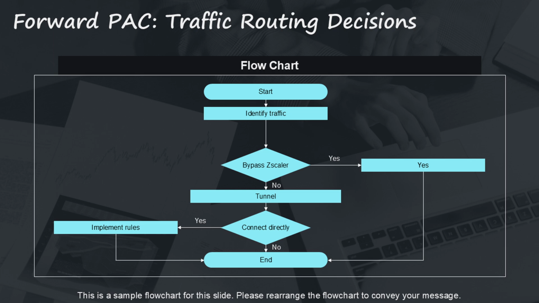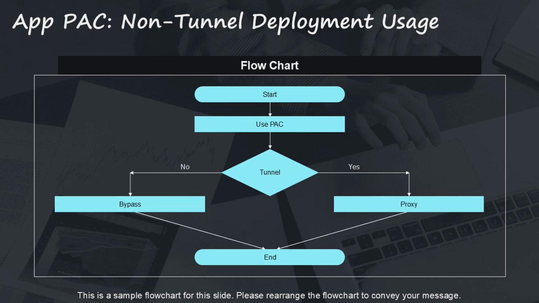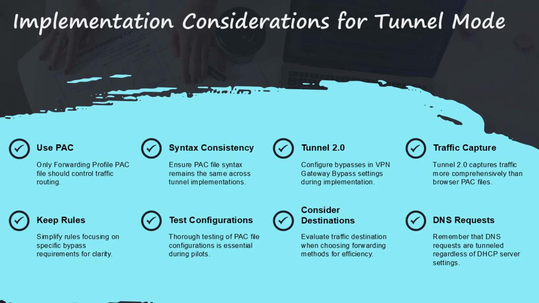App PAC files, on the other hand, are primarily used in non-tunnel deployments to direct web traffic to Zscaler proxy services. When operating in tunnel mode, particularly tunnel 2.0, the app PAC becomes less relevant as traffic routing is handled at the network adapter level rather than the browser level.